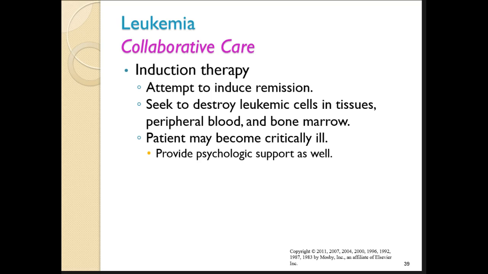During induction therapy, a patient may become critically ill because the bone marrow has been severely depressed by the chemotherapeutic agents that are being used. Throughout the induction phase, nursing interventions focus on handling neutropenia, thrombocytopenia, and anemia, as well as providing the psychosocial support that the patient and the family need.